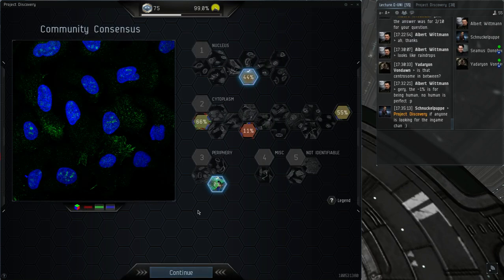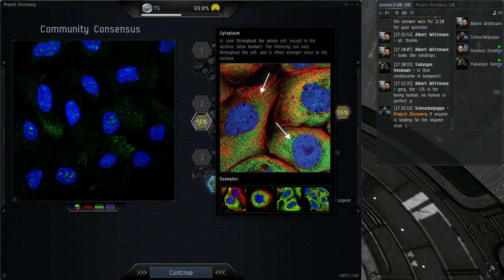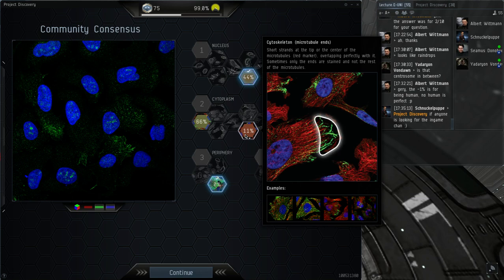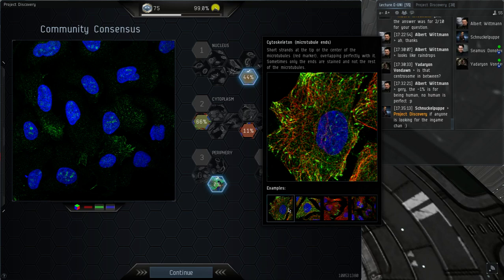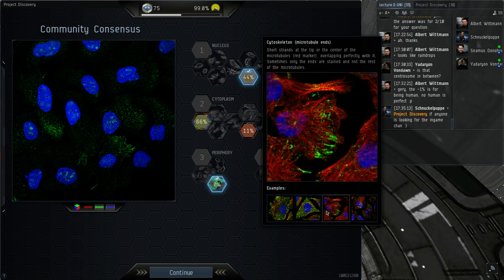Okay, so pretty much no one thinks that this is plasma membrane. 66% thinks that this is cytoplasm, which I can understand. 11% sees microtubule ends, which is interesting. Microtubule ends are staining in the outer part of the cytoskeleton in red.